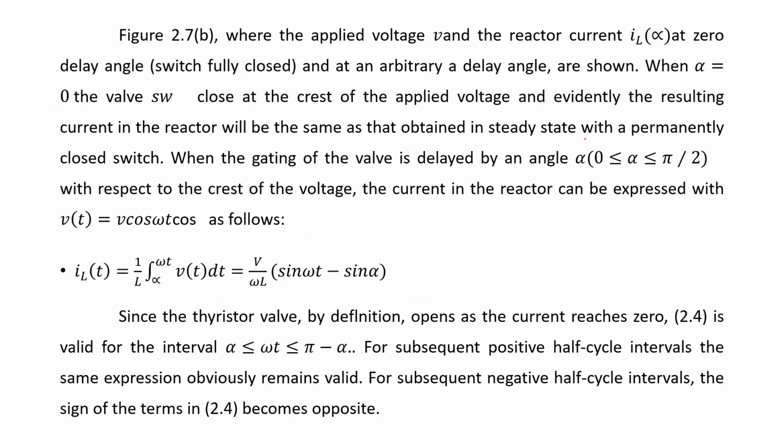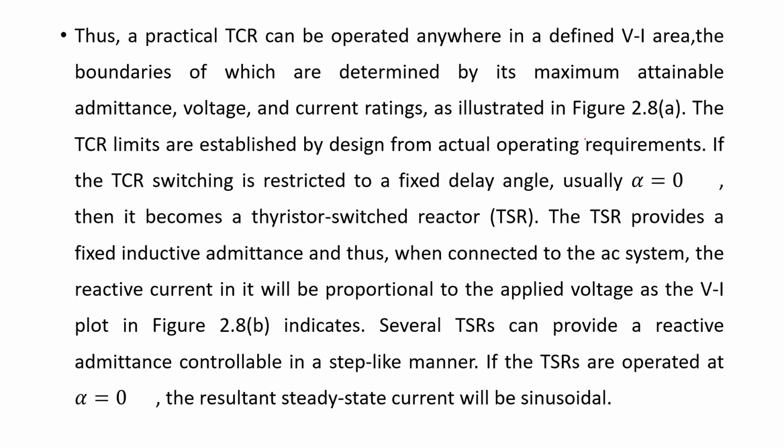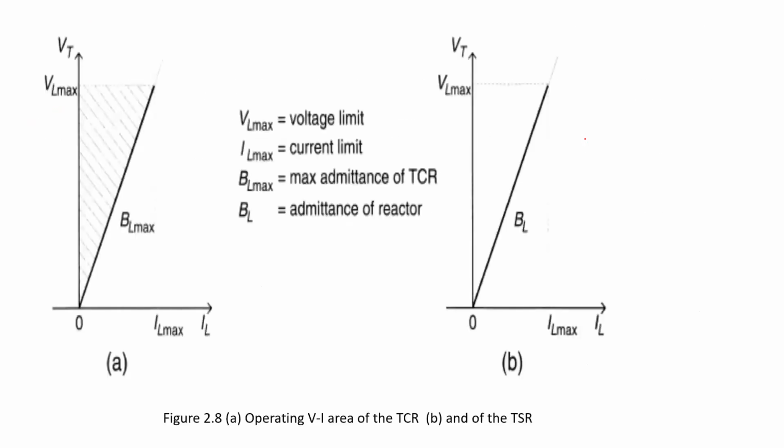Our angle of conduction can be varied. Now, second case. This is the thyristor controlled reactor, and this is the conduction area or operating area, where it is possible to change the firing angle and change the reactive power absorption.